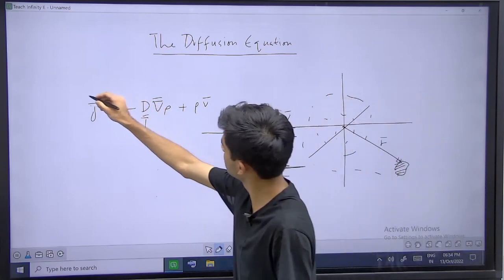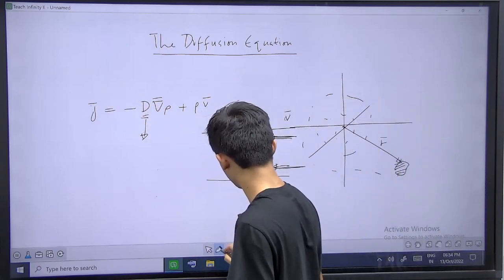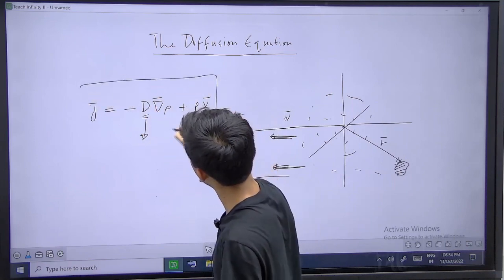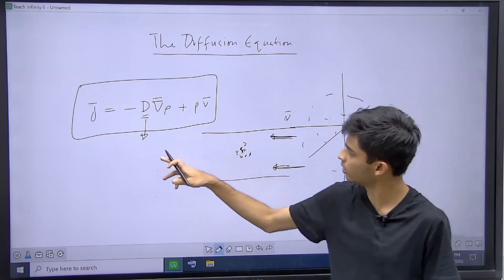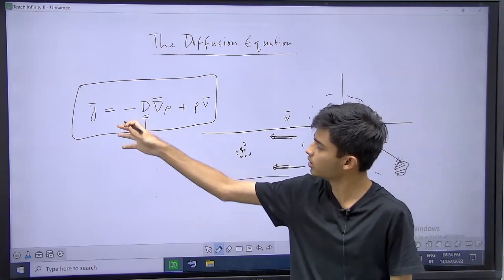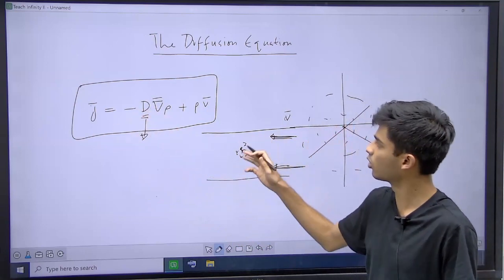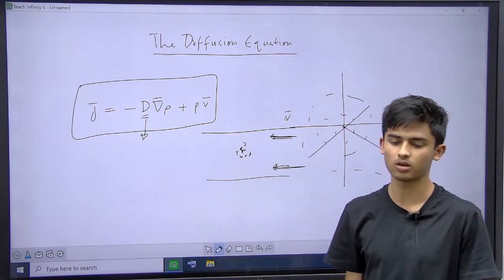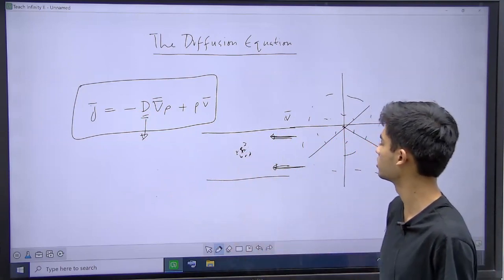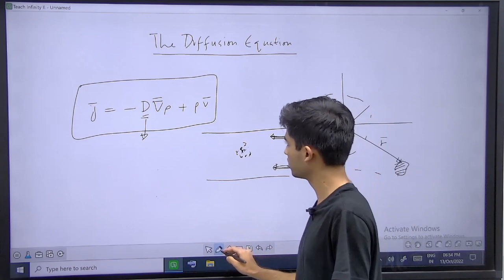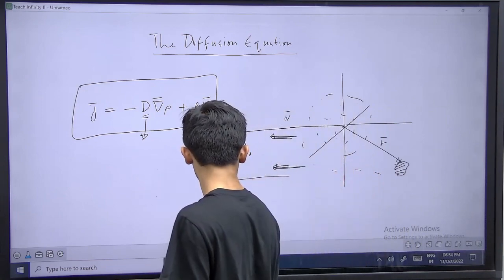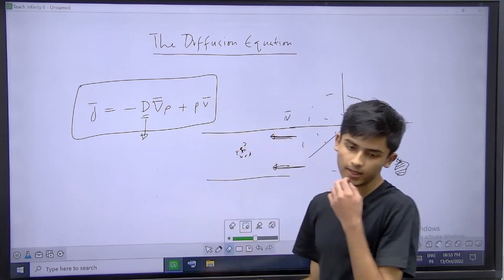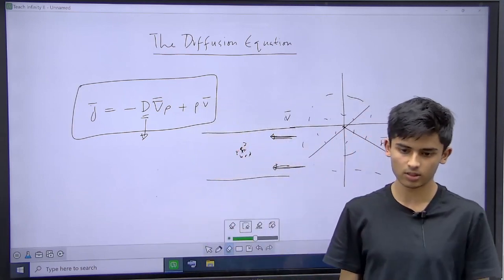So this is the model we will use for J, and now we will try to convert J somehow into rho, and we will obtain an equation for rho somehow, and that will be done by simply writing the continuity equation, correct?